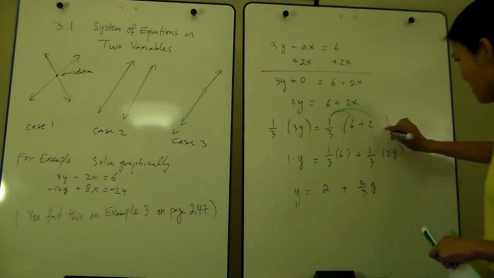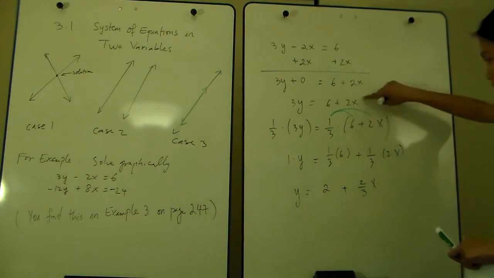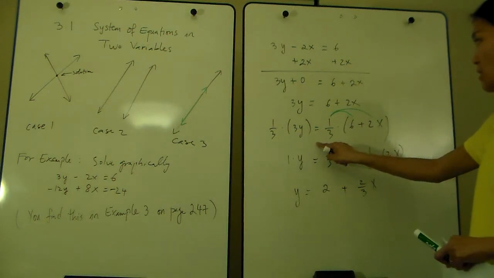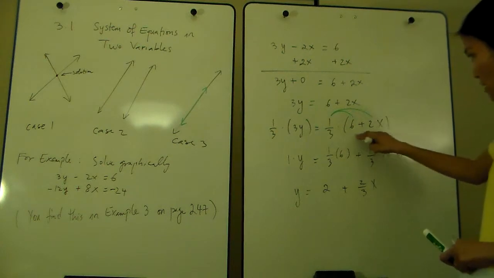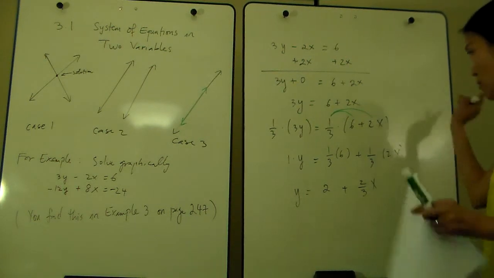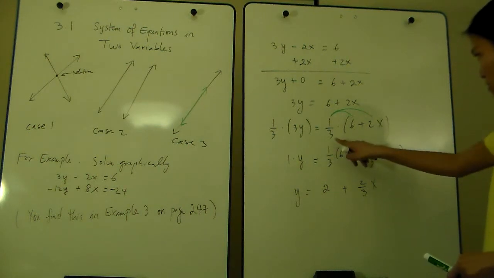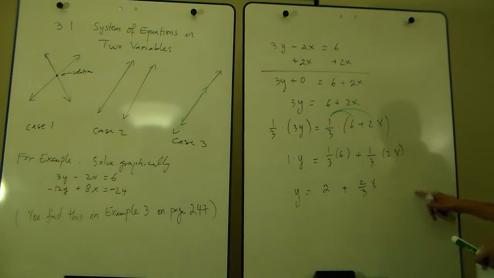Sorry, this is x. I don't know why I wrote y. You see that? It starts from x right here. So I multiply 1/3 on both sides. So 1/3 times 3y here, 1/3 times 6 plus 2x here. Okay, so typo. It should be x. And then same thing here after you distribute 1/3 times 6 plus 1/3 times 2x.